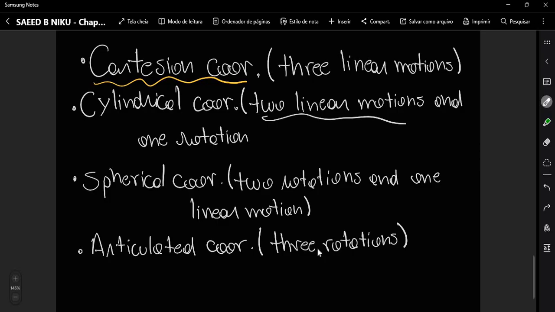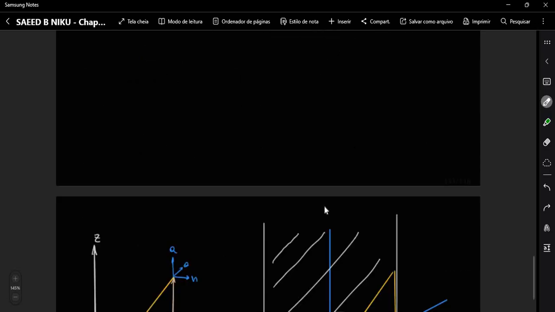What describes a transformation in the cylindrical coordinate system is that we will get two linear motions, which are translations, and one rotation.